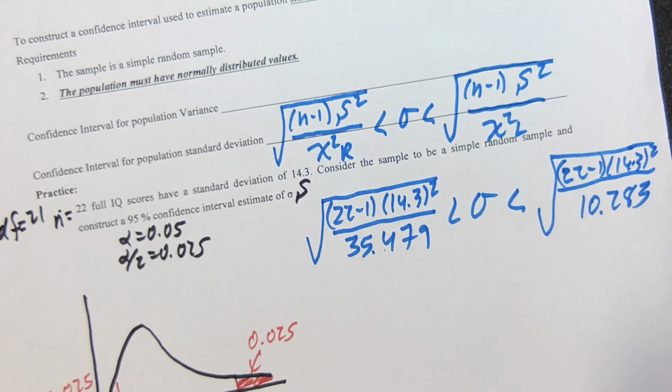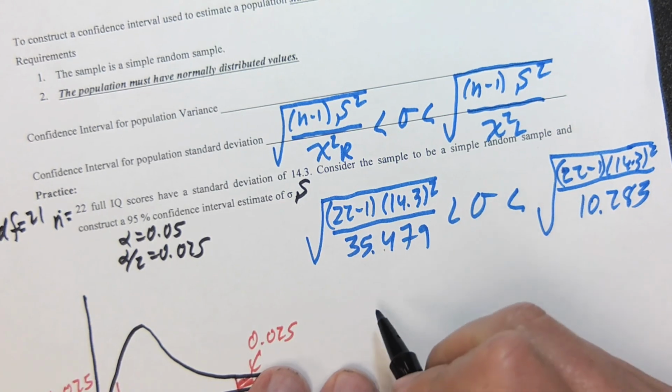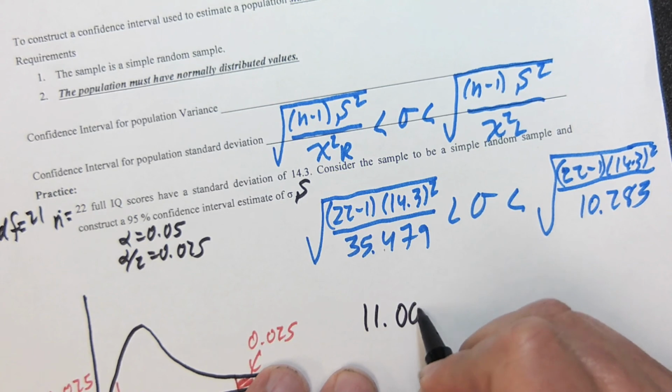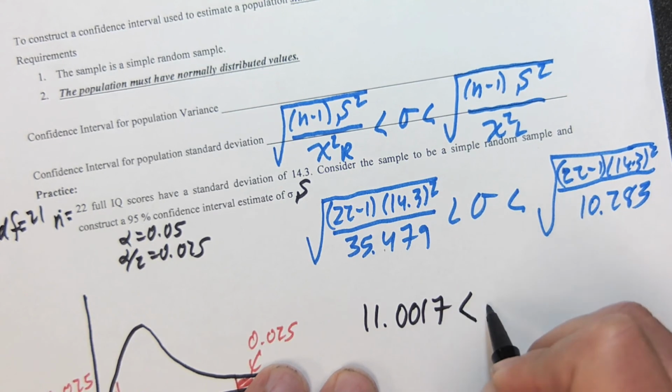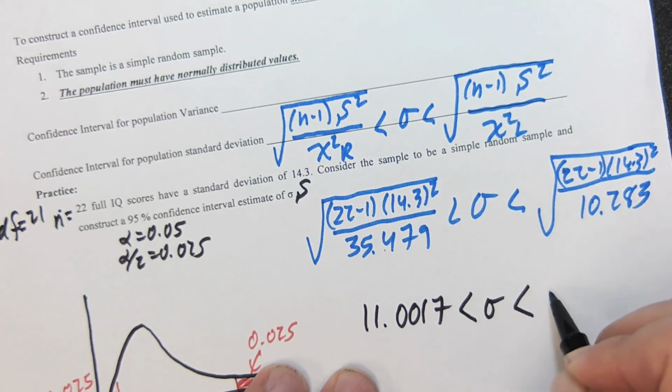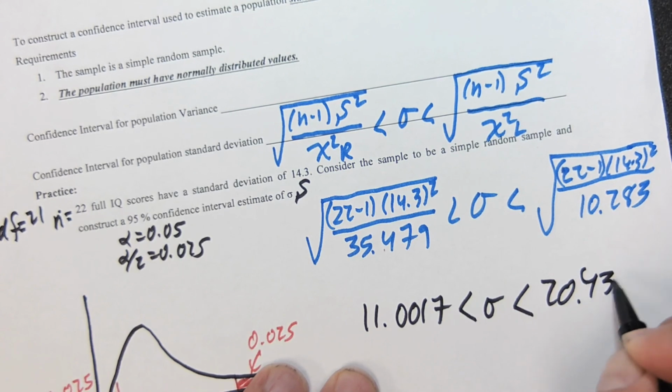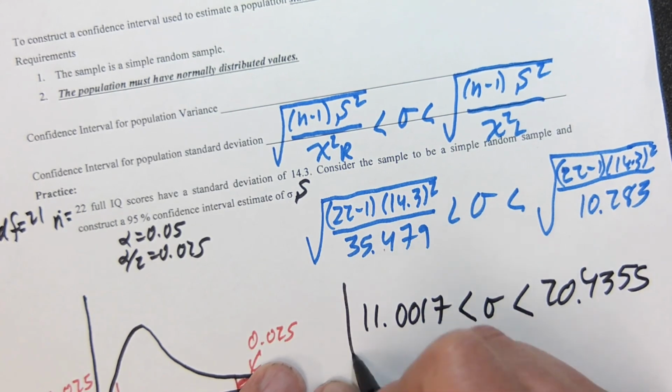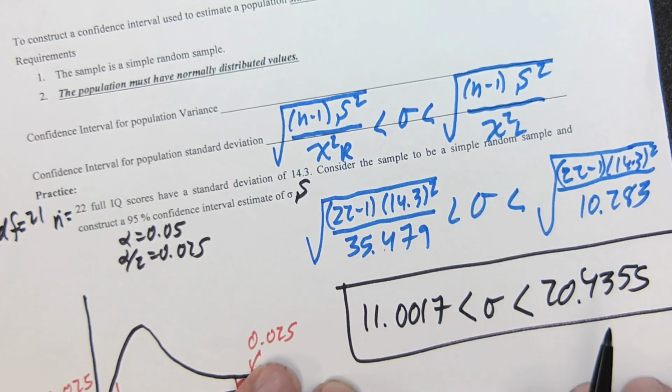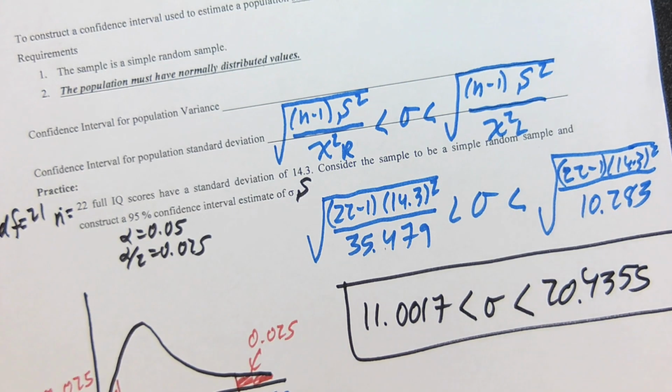And when all is said and done, we crunch all that into the calculator, and we end up with a confidence interval of 11.0017 and 20.4355. Be careful with your calculator as you type those in.